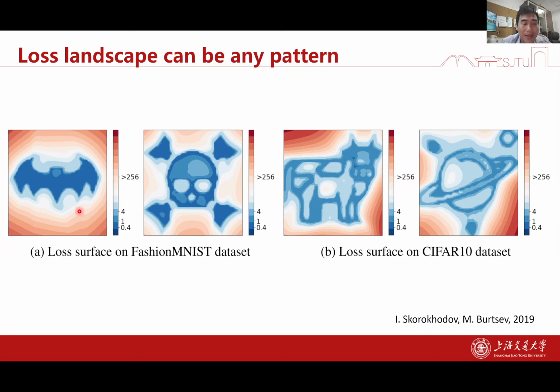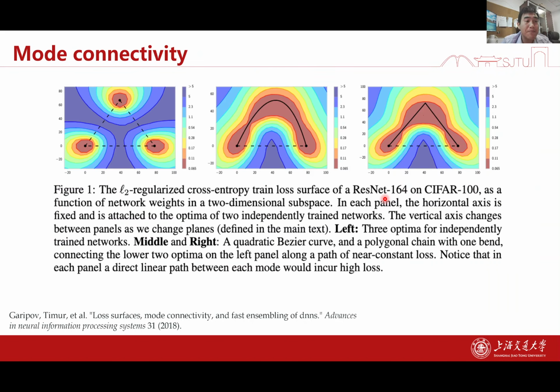The color here means the loss value. And these two directions are the directions found by the optimization process. There are also other examples where the cross-section of the loss landscape can be almost any pattern, so it's very complex. However, the minima in the loss landscape seem to have some underlying connection.